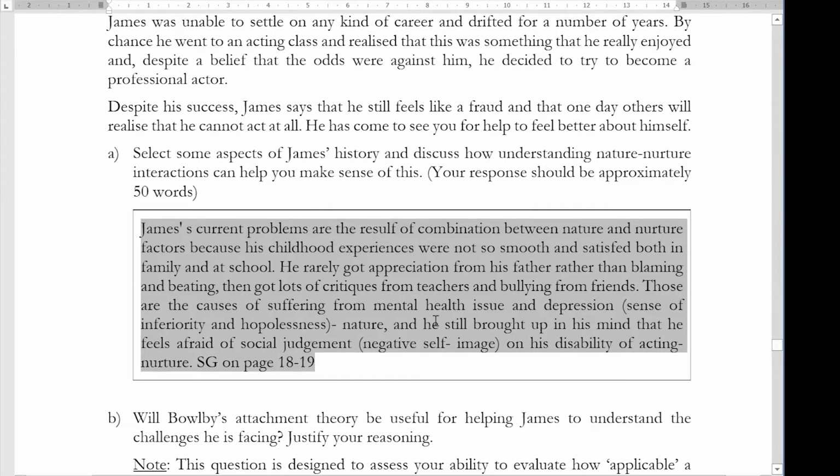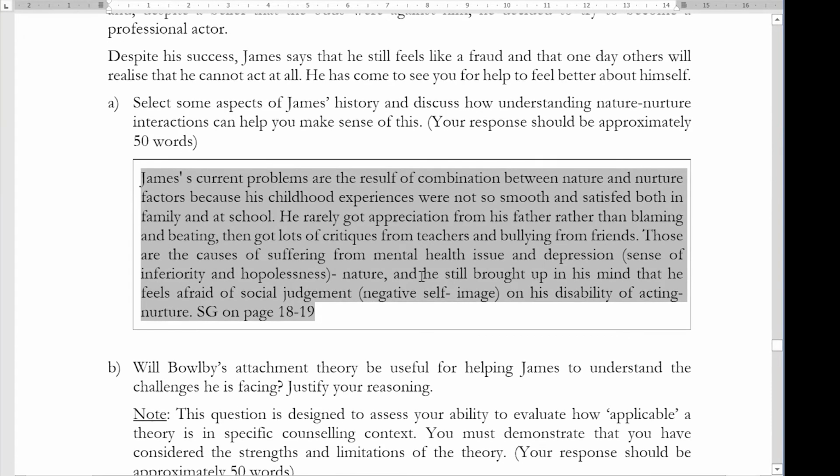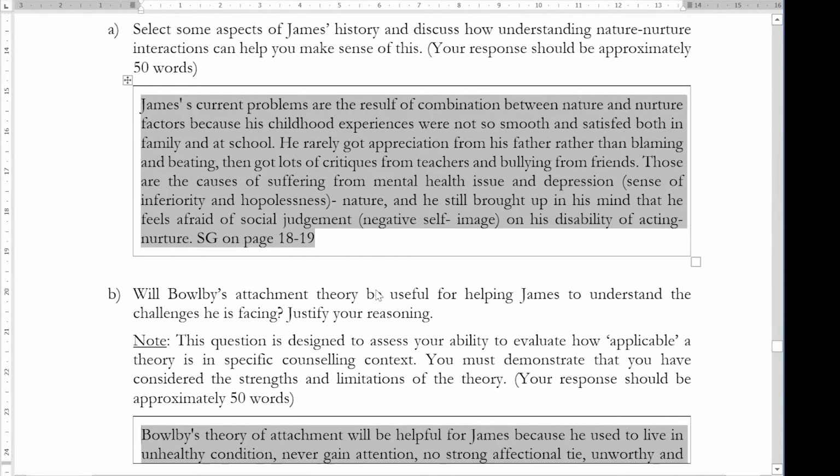A. Select some aspect of James' history and discuss how understanding nature-nurture interactions can help you make sense of this. 50 words. So I found it on study guide on page 18 and 19.